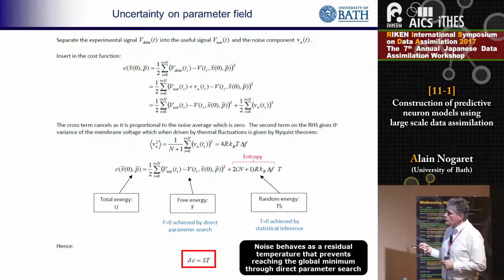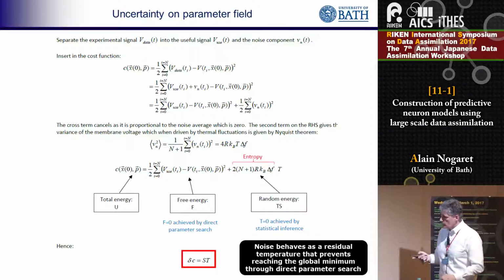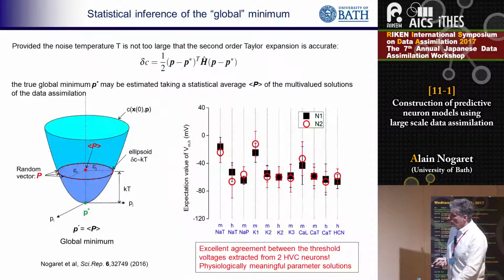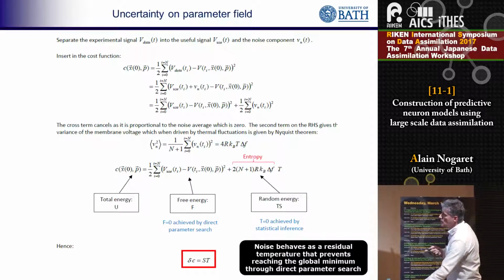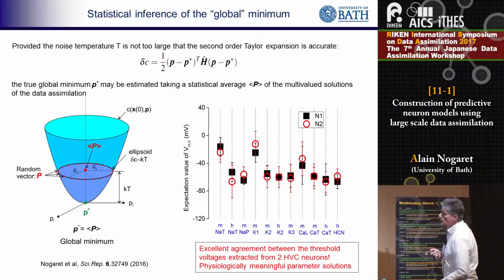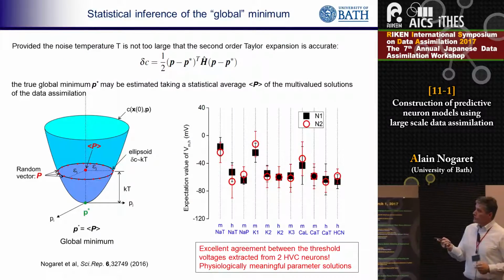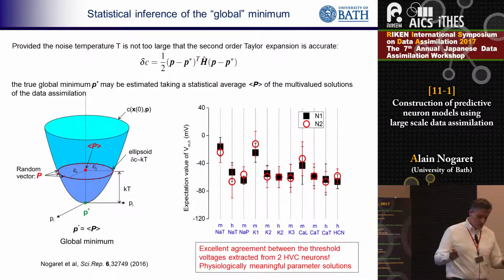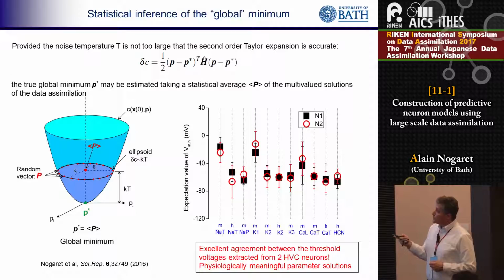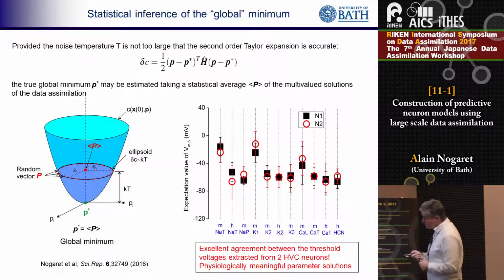We have seen that noise behaves like a residual temperature that prevents reaching the global minimum through direct parameter search. So what does this delta C surface look like in parameter space? You can expand the cost function relative to P in the vicinity of the global minimum. This is the cost function here, and the Taylor expansion will give you these terms. Geometrically speaking, this is the surface of an ellipsoid in 71 dimensions.